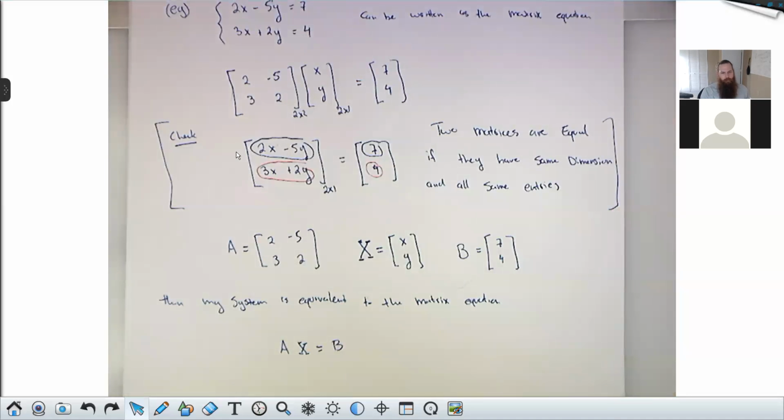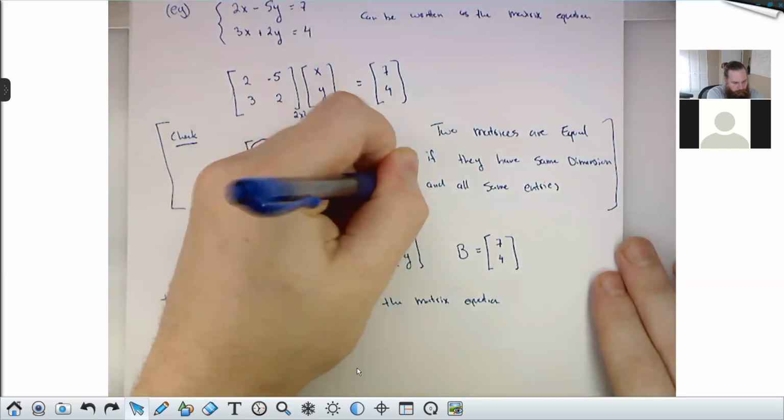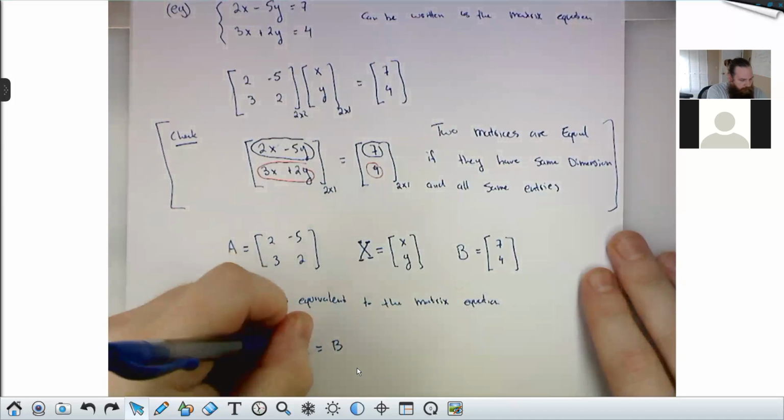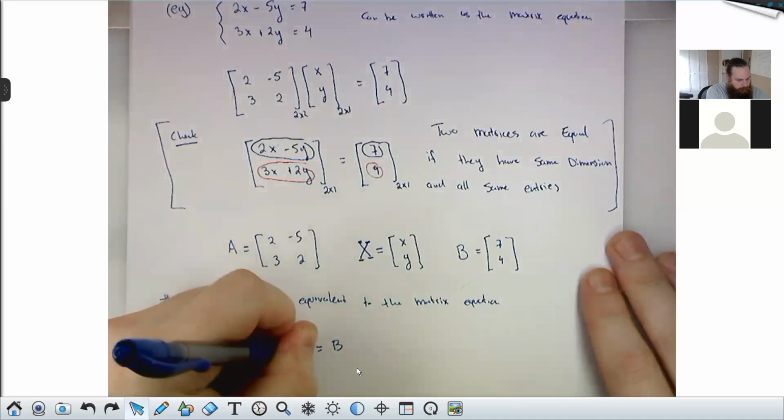And if A and B were numbers and X was just a regular variable, I would solve that equation by dividing both sides by A. Now, unfortunately, while there is a concept of multiplication for matrices, there is no such thing as division. The closest you have is what we call an inverse matrix.